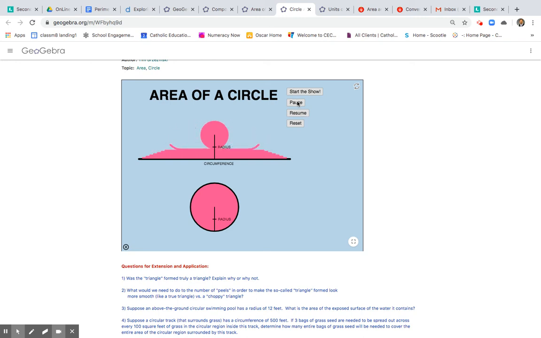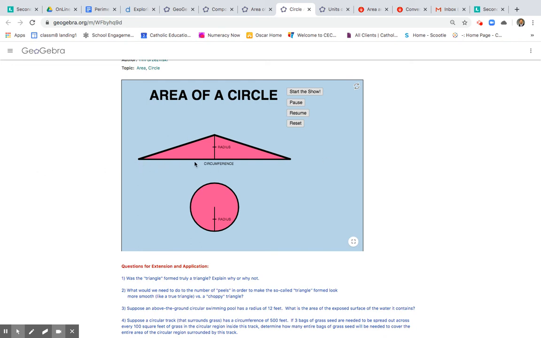As it peels down, what's happening? These little circumferences coming down are getting smaller and smaller. Why? Because the circle here is getting smaller and smaller. Here it goes, smaller and smaller, until basically what we get is a triangle.